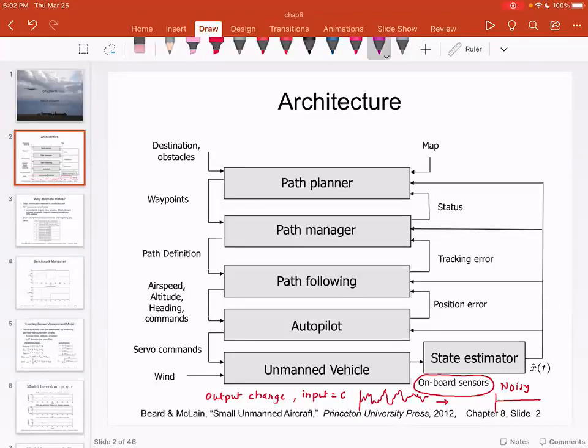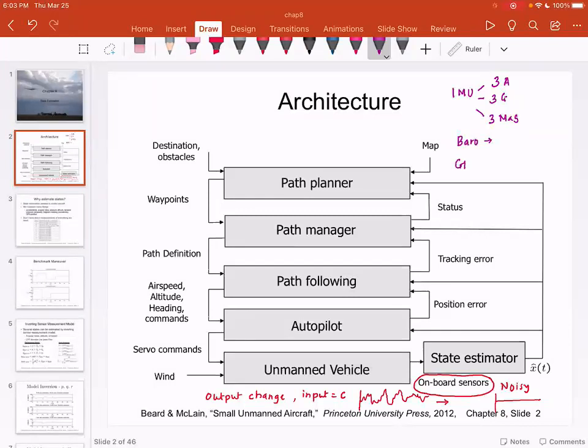So what we have is these noisy sensors. We have an IMU, which has a 3-axis accelerometer, 3-axis gyroscope, and 3-axis magnetometer. We have these 3 sensors and they are noisy. Then we have airspeed or a barometer, that also is noisy.